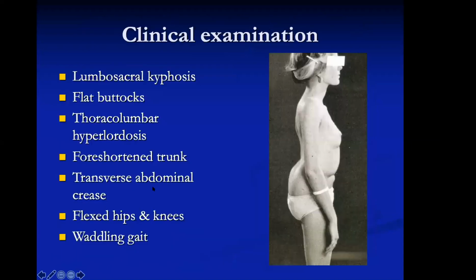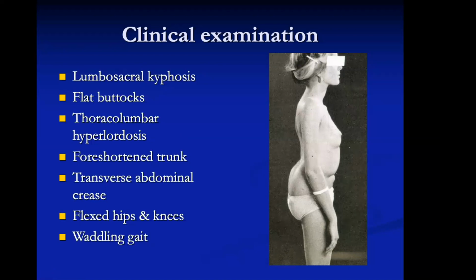Why all these manifestations happen, I'll show you in the next few slides. There is lumbosacral kyphosis, flat buttock, and thoracolumbar hyperlordosis, because the upper trunk shifts in front and the trunk looks short. Because of that you will also get a transverse abdominal crease, because the upper part of the abdomen is jumping on the pelvis.